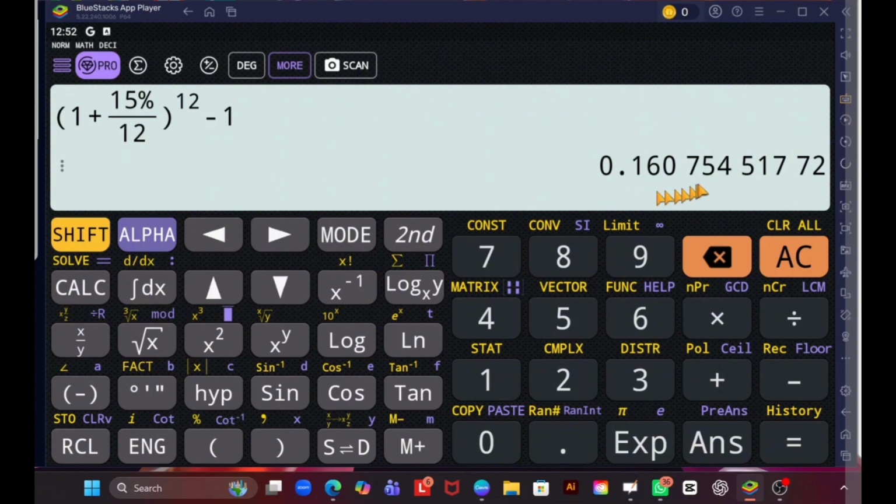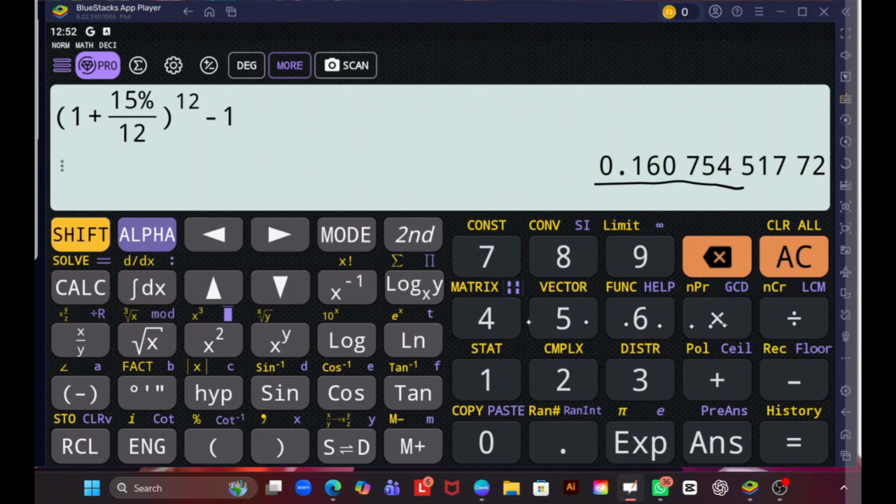At that, we get 0.160755. So after this, because we have this number over here, we're going to take it to a percentage, because our effective interest rate is a percentage.